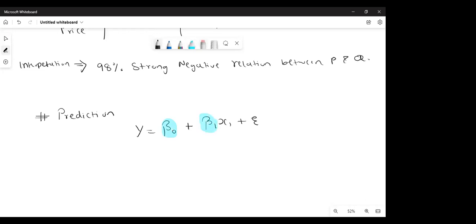Can I say we have X and Y present, guys? X and Y you have. So we just have to compute beta naught and we have to compute beta. Okay. Let me write the formula, guys, for you.